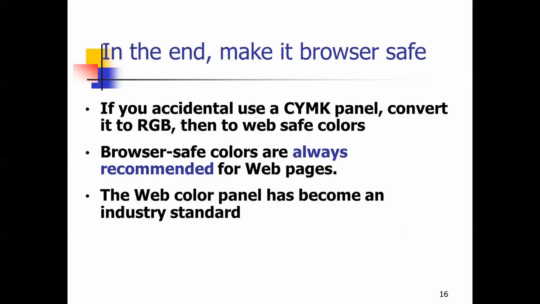If you accidentally use CMYK panel, convert it to RGB, and we'll show you how to do that in class, and then to web safe colors. Browser safe colors are always recommended for web pages. They are a standard for the World Wide Web Consortium. The web color panel has become an industry panel standard.